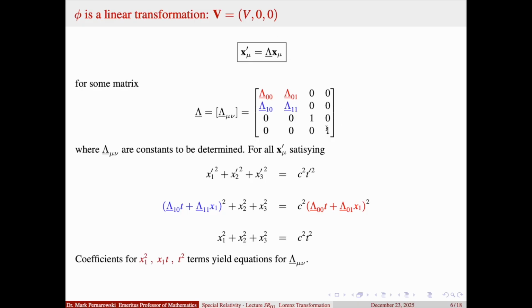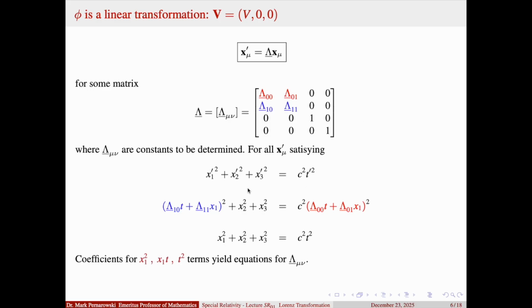Therefore, there must be a block identity matrix in this matrix, capital lambda. However, we do not know what the block is in the upper left portion of this 4x4 matrix. We have 1, 2, 3, 4 unknown coefficients. And the goal here is to find out what those are.